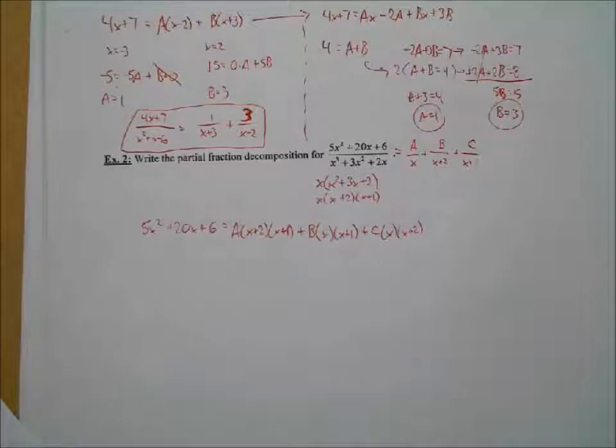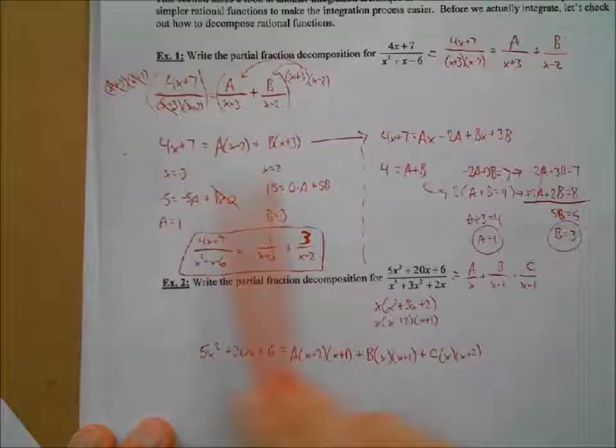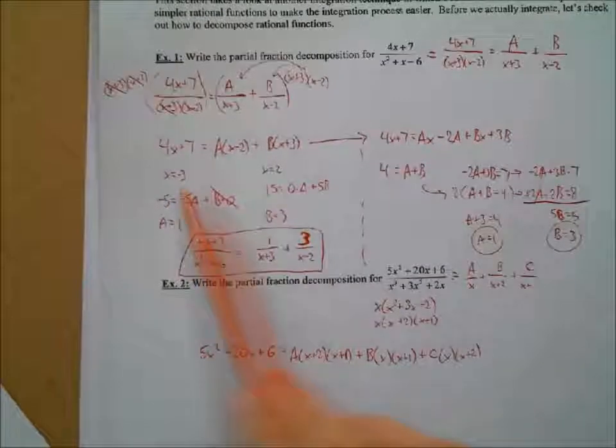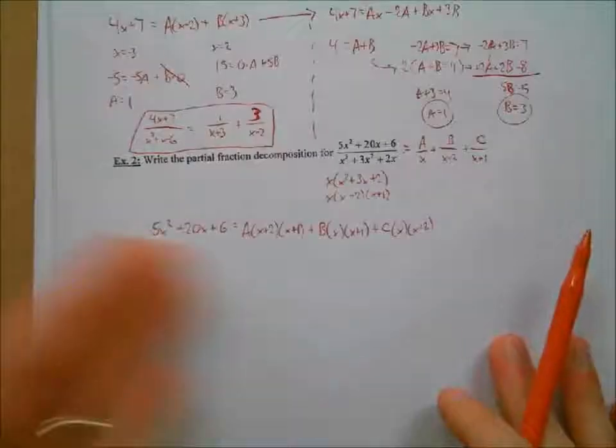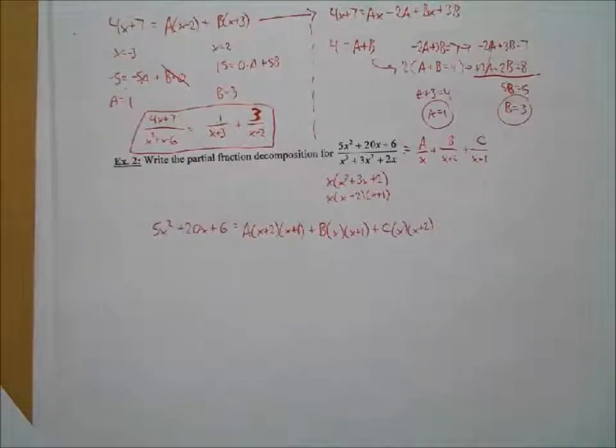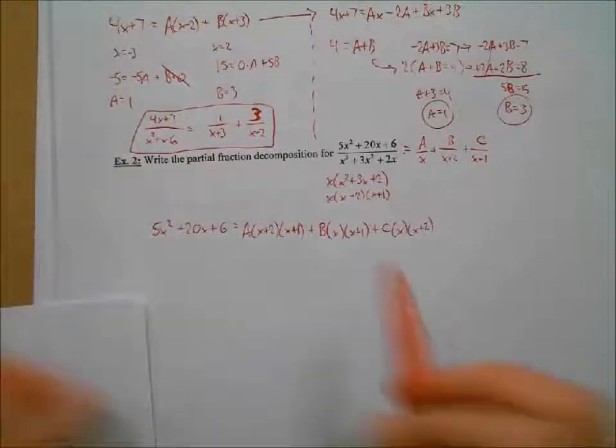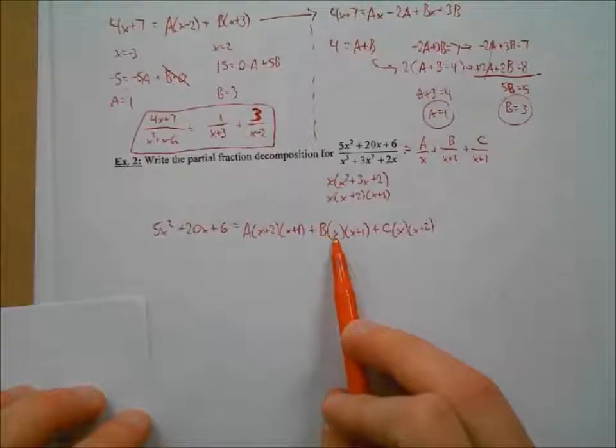Okay. So again, I'm going to continue down that other path that we chose, where we were strategic about what x values we chose. So in this scenario, what might be a good strategic x value to select to solve for one of our variables? Robert? 0. Yeah, very good. If you look here, b has a factor of x and c has a factor of x.